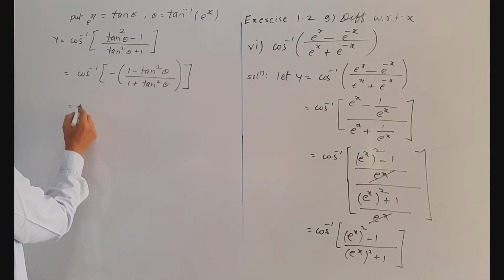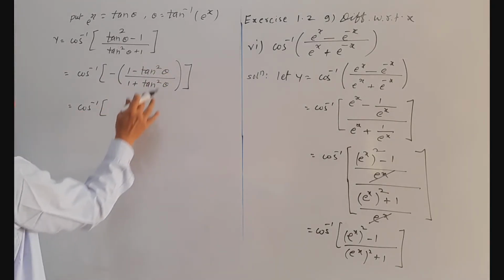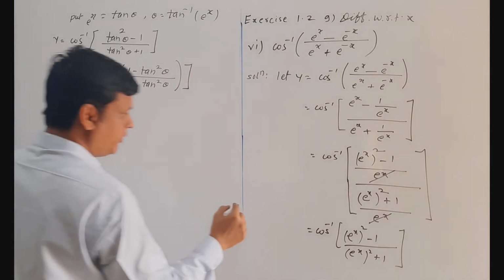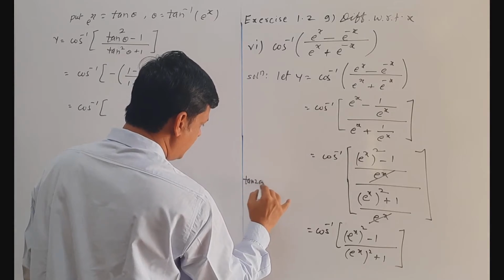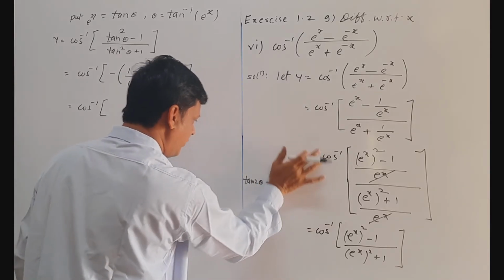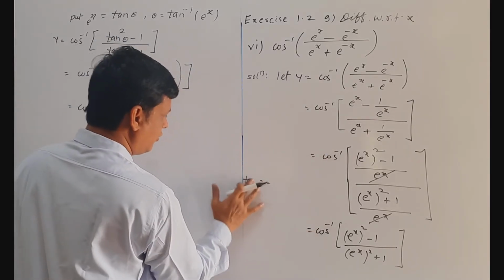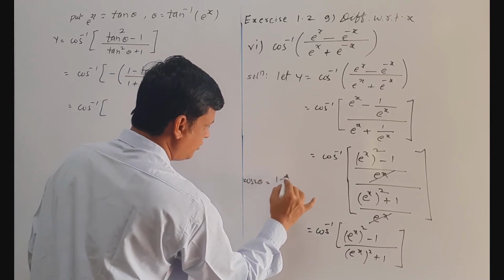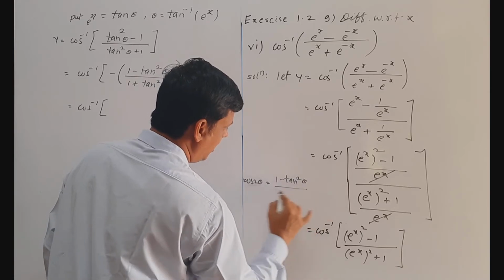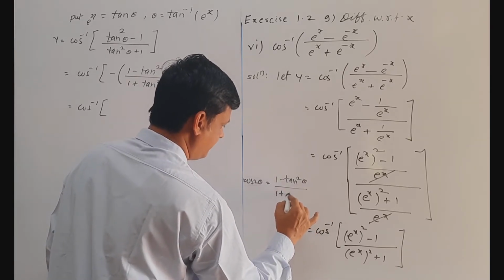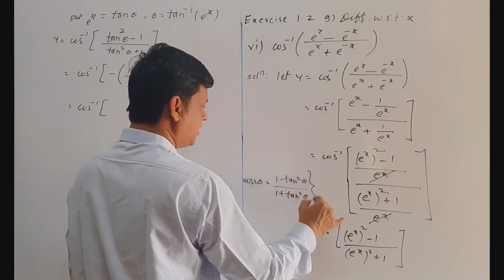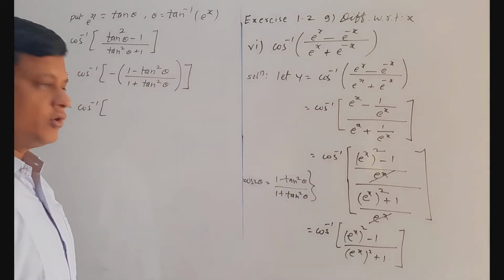So we write here cos inverse of, now this is the double angle formula. We know the formula, cos 2 theta is equal to (1 minus tan square theta) upon (1 plus tan square theta), which we already discussed while solving sub question 1.